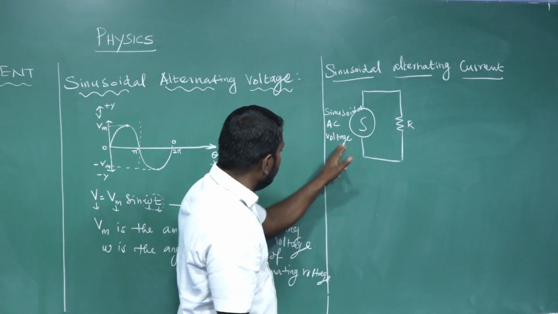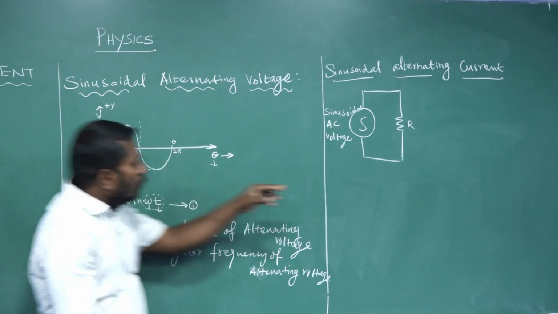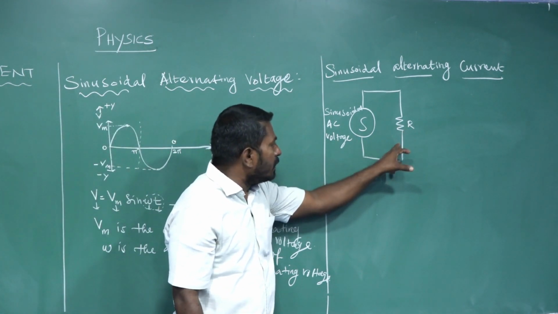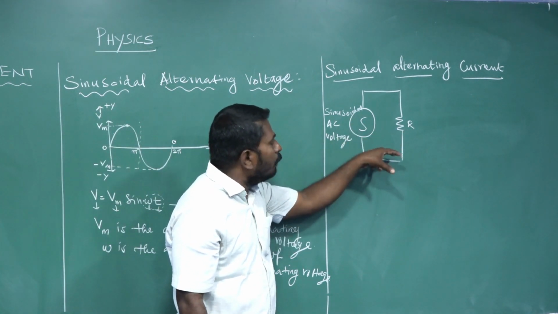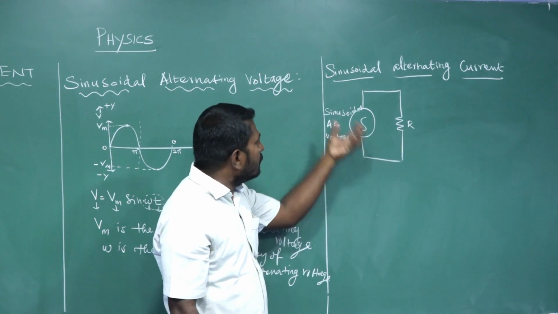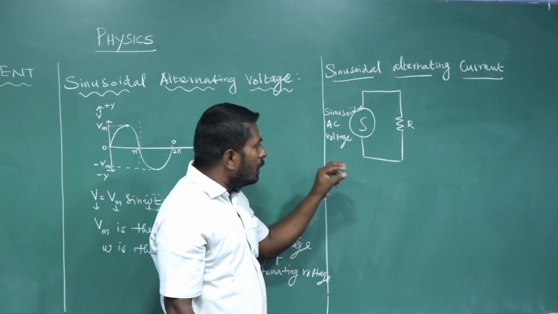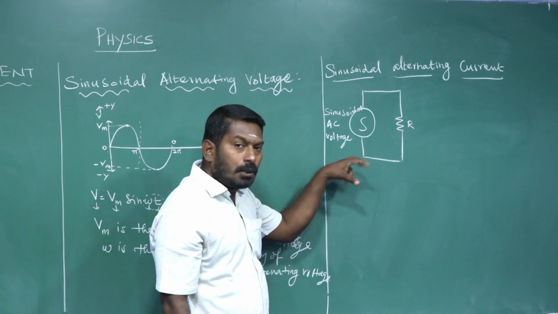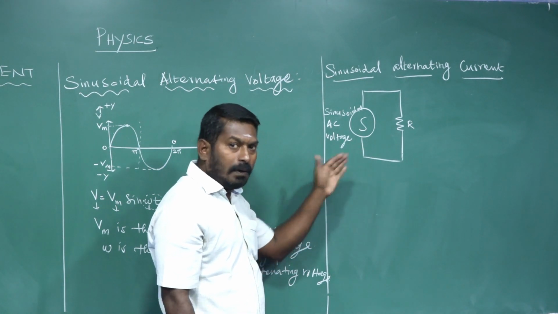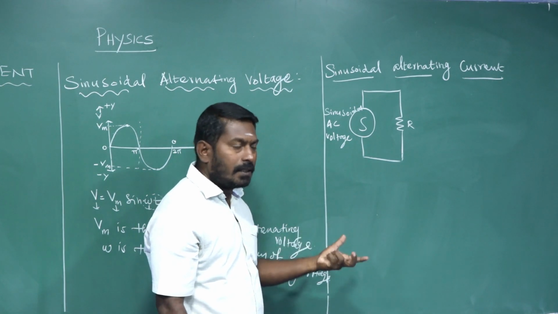When this kind of sinusoidal alternating voltage is applied to a closed circuit like a resistor of resistance R, and the resulting current is also sinusoidal in nature, the current is called sinusoidal alternating current. At each and every instant the magnitude of the alternating current varies, and at every half cycle the direction of the current flow also changes.